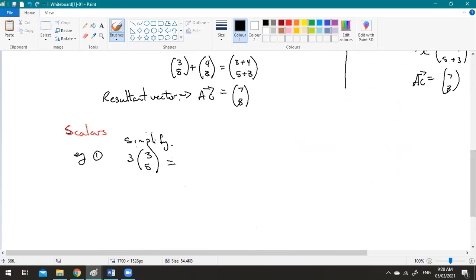In matrices, if they tell us to simplify 3 by a matrix, we multiply by each term. So 3 would multiply by 3, and 3 would multiply by 5, and you'll get 9 over 15. It's the same thing for vectors.